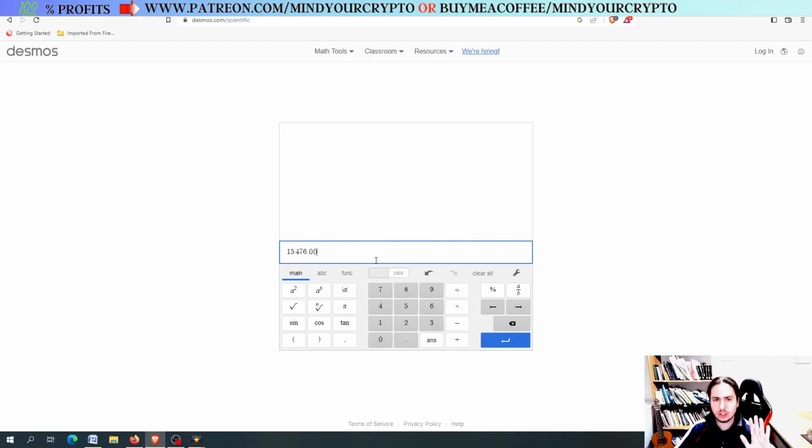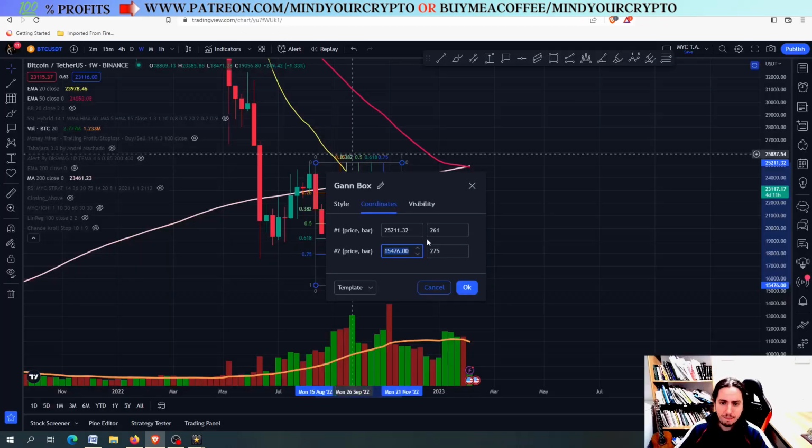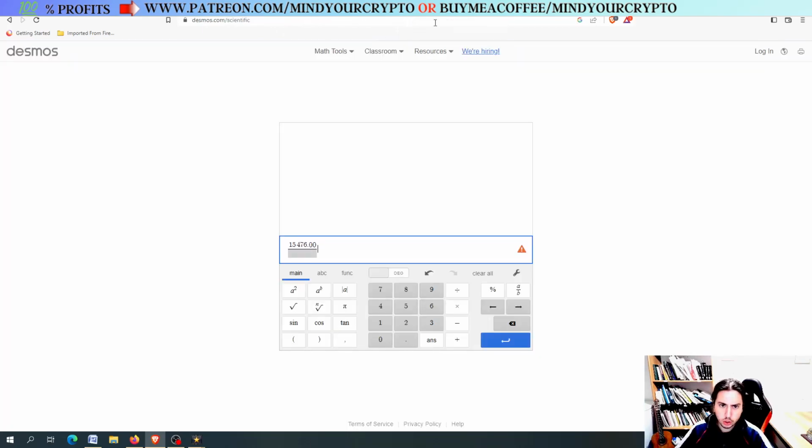I'm not advertising anything, just using this one right here. You want to divide this number by the second price, the top. We divide the bottom by the top. The bottom, as you can see, was around 15.5K. Simple as that, we get a number right here. You can see the 0.61.